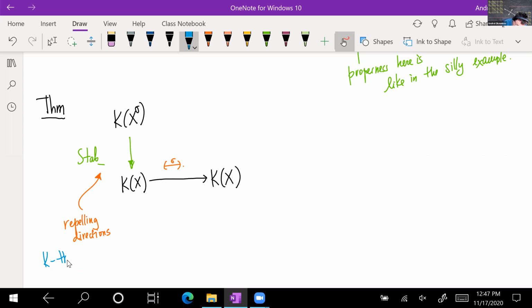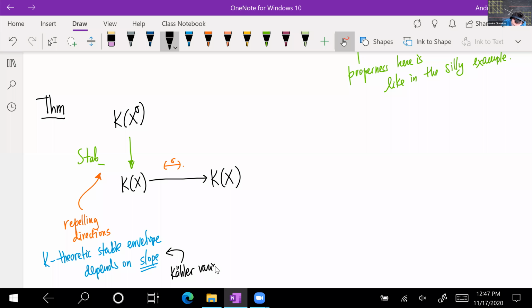K-theoretic stable envelope depends on a certain variable called slope, which comes from the Kähler variables in elliptic cohomology.